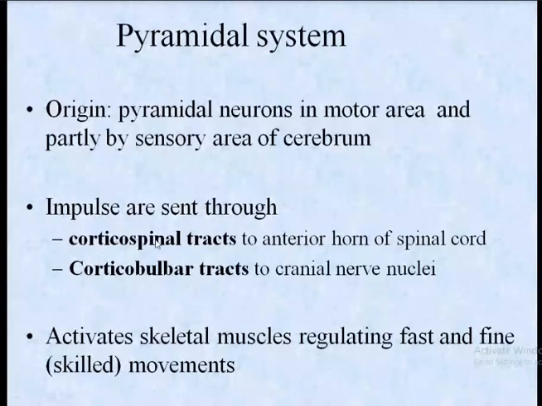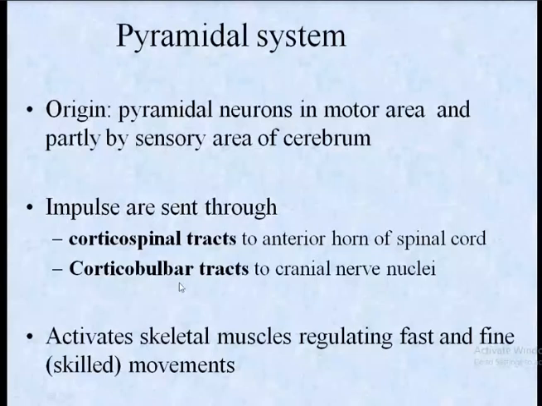But the next is the corticobulbar tract, which begins from the cortex, from the pyramidal neurons of the cerebrum, to the cranial nerve nuclei, which are present within the brainstem. Okay, so there are 12 pairs of cranial nerves, and almost all of these cranial nerve nuclei are present within the brainstem. So the fibers which descend down to these cranial nerve nuclei form the corticobulbar tract.